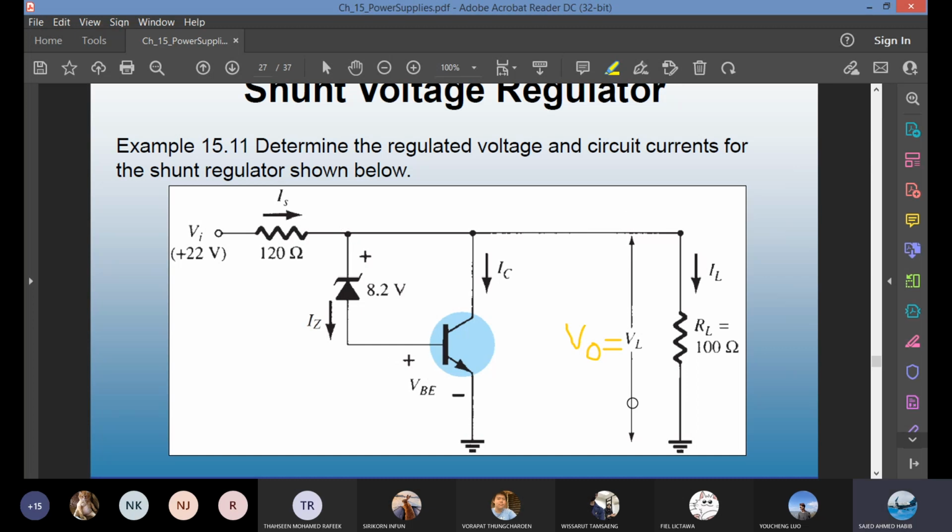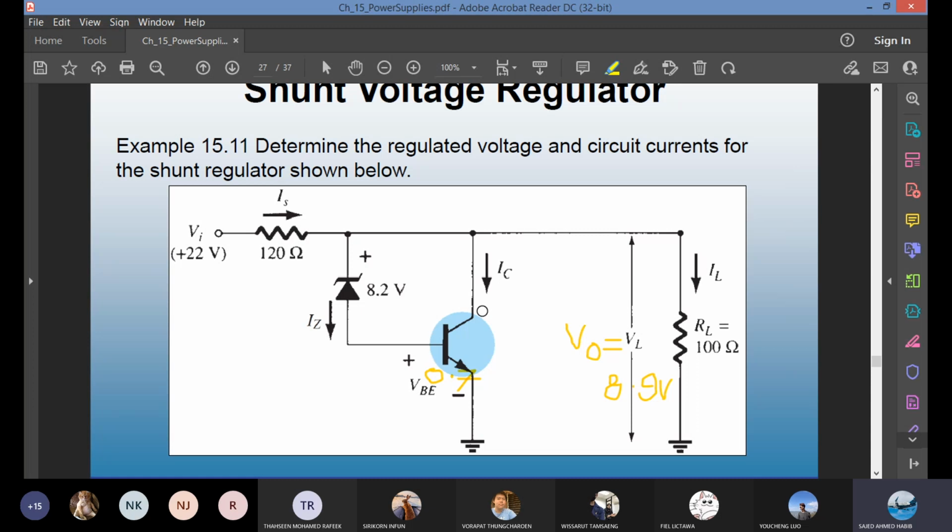That is Vout. The Zener rating is given as 8.2 volts and VBE will be 0.7. What is our Vout? You add them. VZ plus VBE is going to be 8.9 volts. 8.9 volts in this circuit is the Vout.